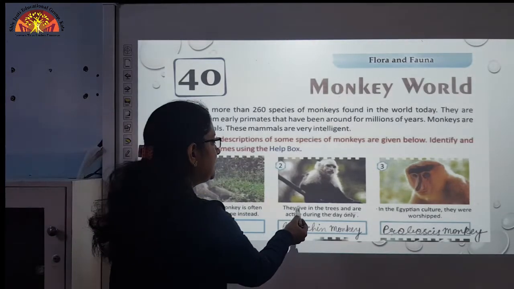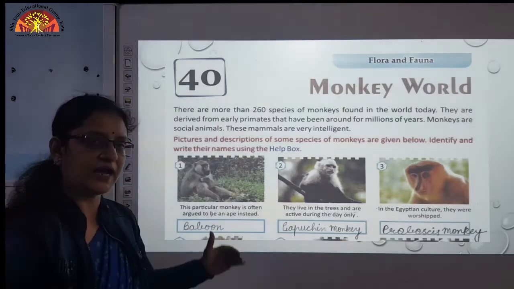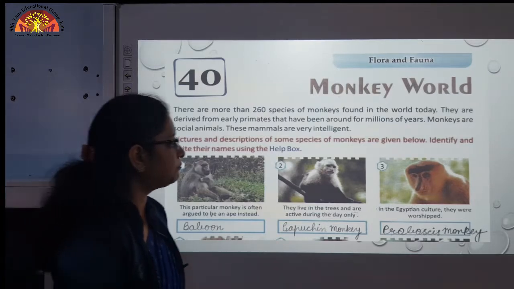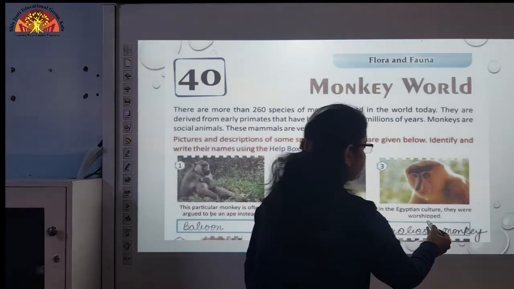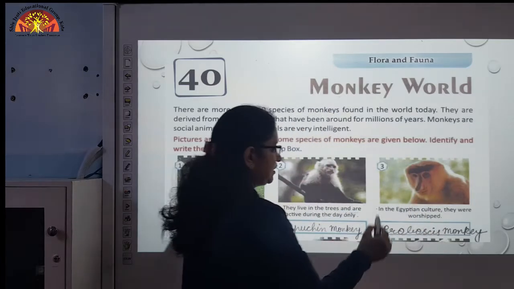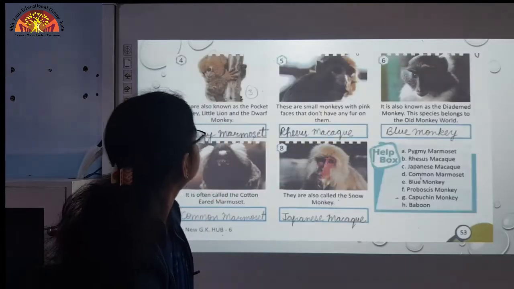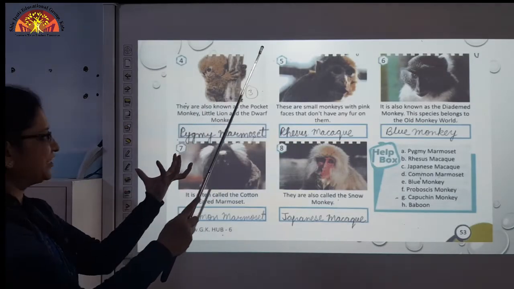Number 2. They live in the trees and are active during the day only. That is capuchin monkey. Number 3. In the Egyptian culture, they were worshipped. That is proboscis monkey. Students, as you can see in the picture, this is a very little kind of monkey.